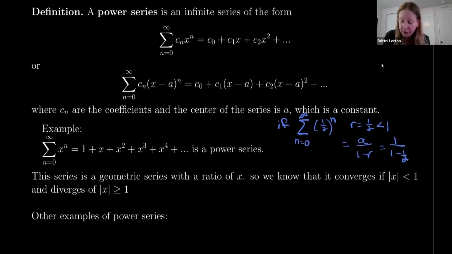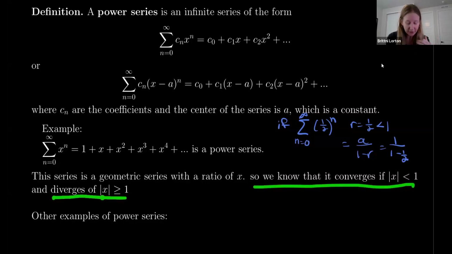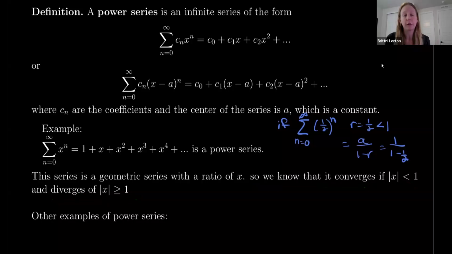And it only converged if the absolute value of r was less than 1. So now you should see that this is the exact same thing, except instead of a number, I have a variable for this function. A power series can be a function. So now I know that this would converge if the absolute value of x was less than 1, and it would diverge if the absolute value of x is greater than or equal to 1, because it's a geometric series.